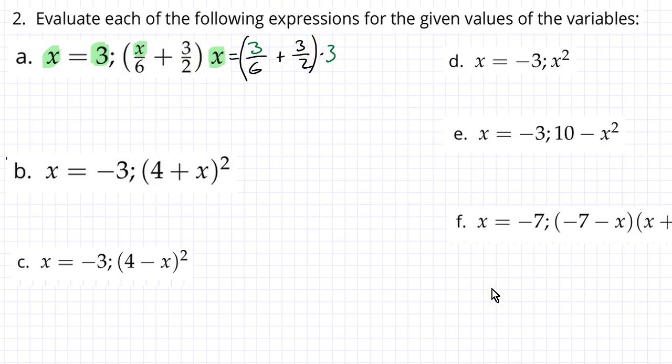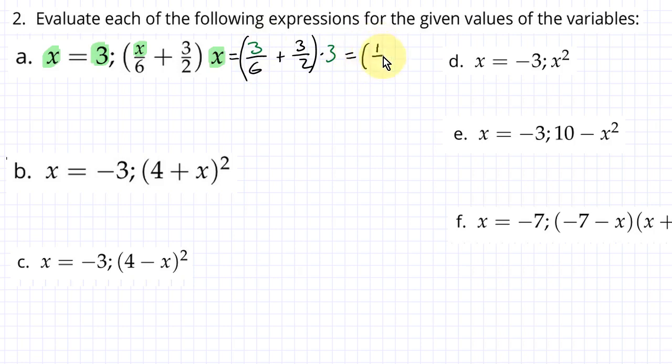Now, there's a couple ways you could do it here. You could choose to distribute the 3 into it, or maybe let's try to add these first. I'm going to do it that way, where I'll take this whole thing here and try to write that as one fraction that we can multiply by 3. So first of all, the 3 over 6 you can reduce as 1/2.